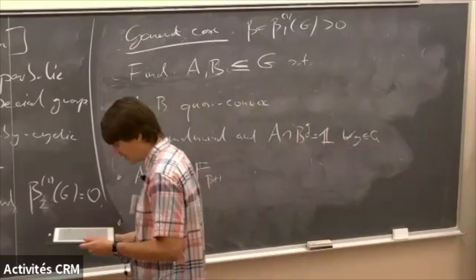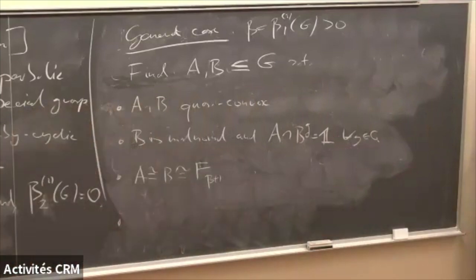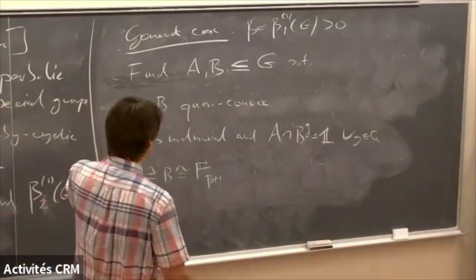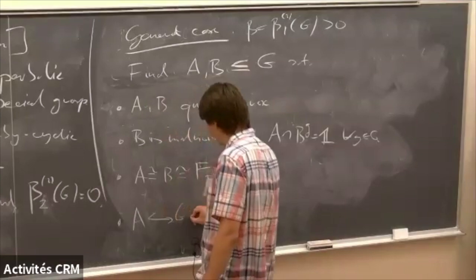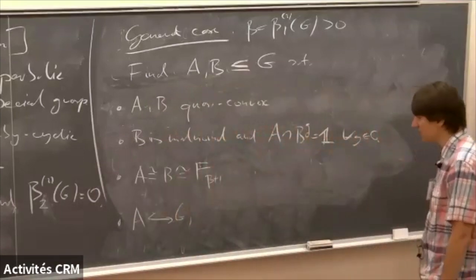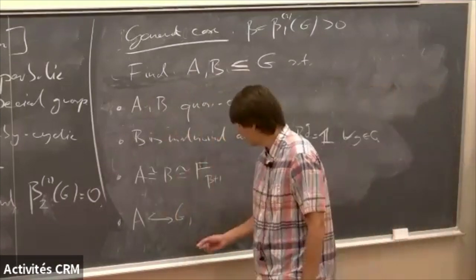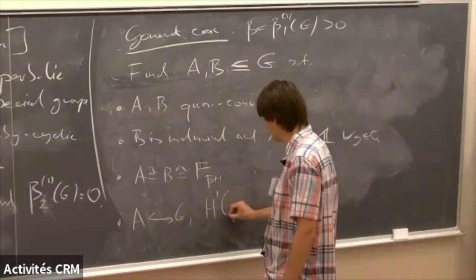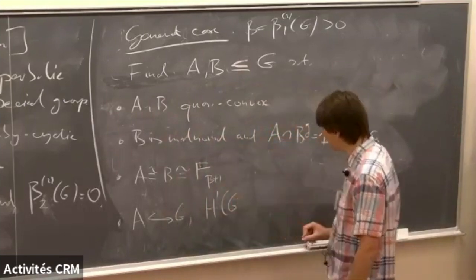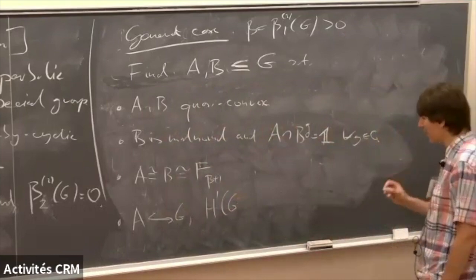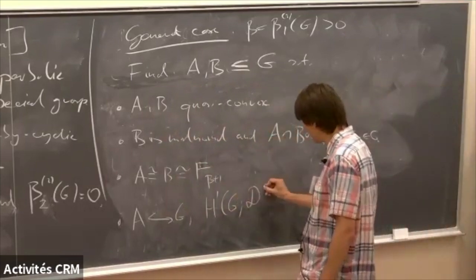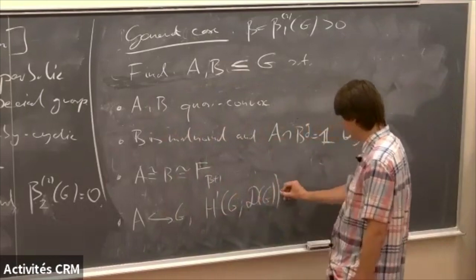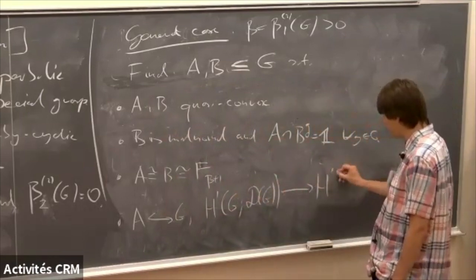And then finally, and this is the most important thing. A and B are subgroups, so in particular A sits inside G. And when we have a monomorphism like this, we get an induced map on first cohomology. So I'm going to go from the first cohomology of G to the first cohomology of A. Now, what are the coefficients? I hope Danny is listening. We put in the linear skew field here. The linear skew field, the best skew field of them all.